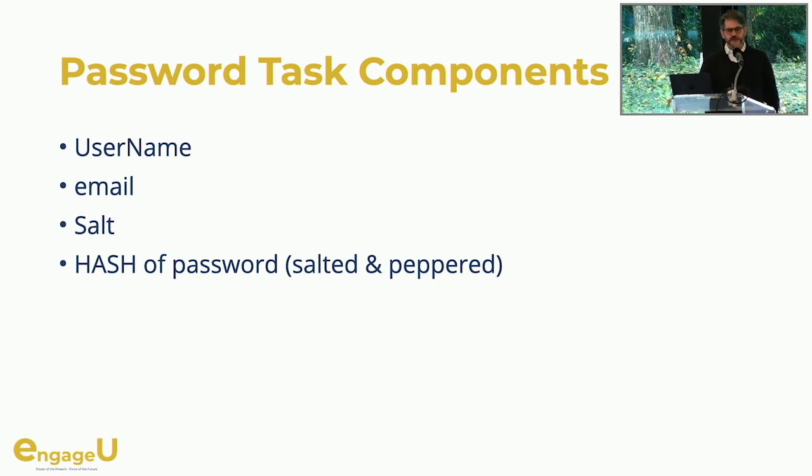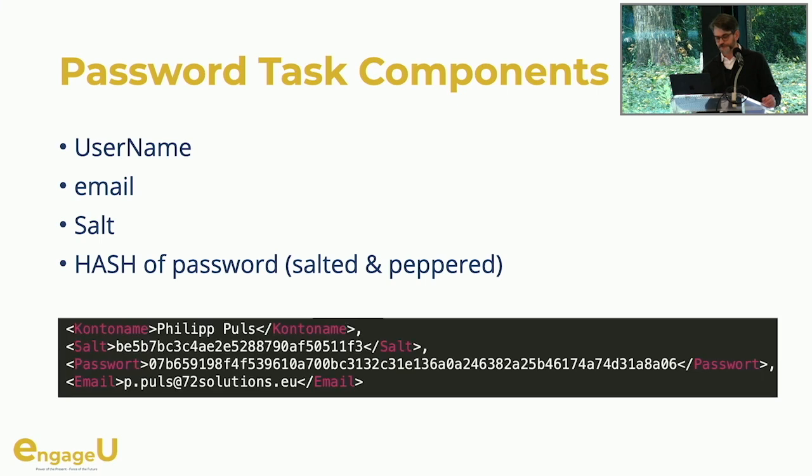So a password task needs those four components. We need a username, we need an email address, we need a salt, and the hashed password. And you see here, hashed password, brackets, salted and peppered. I will come to that. So a task would look like this.